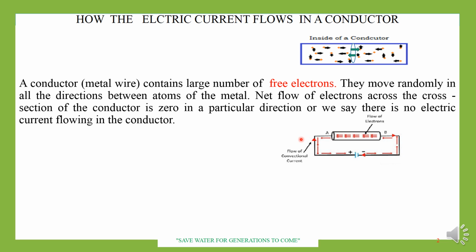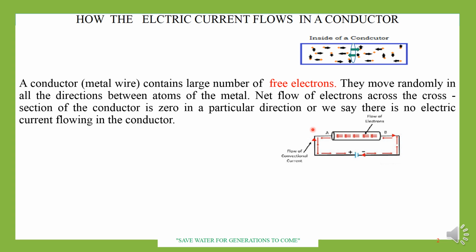So electrons are moving from B to A, or we can say from the negative terminal to the positive terminal. This way the round is completed, electric current starts flowing through the conductor, and we get a continuous flow of electric current in the conductor.